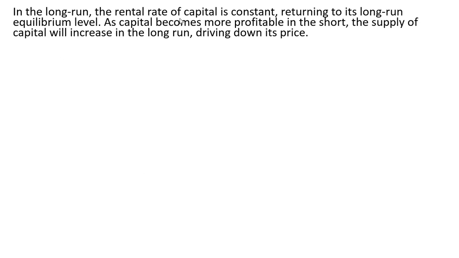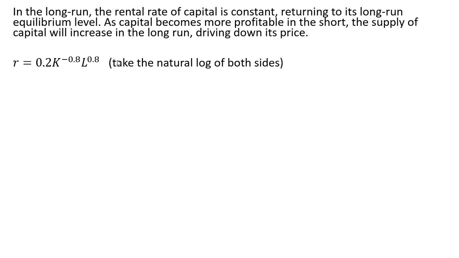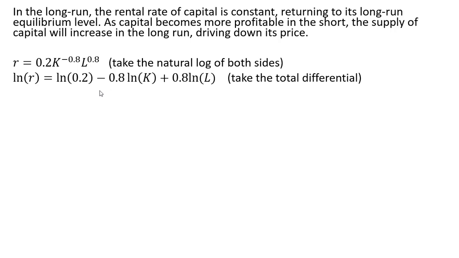In the long run, the rental rate of capital is constant, returning to its long-run equilibrium level. As capital becomes more profitable in the short run, the supply of capital will increase in the long run, driving down its price. So here again, with that key condition, we're going to take the natural log of both sides.